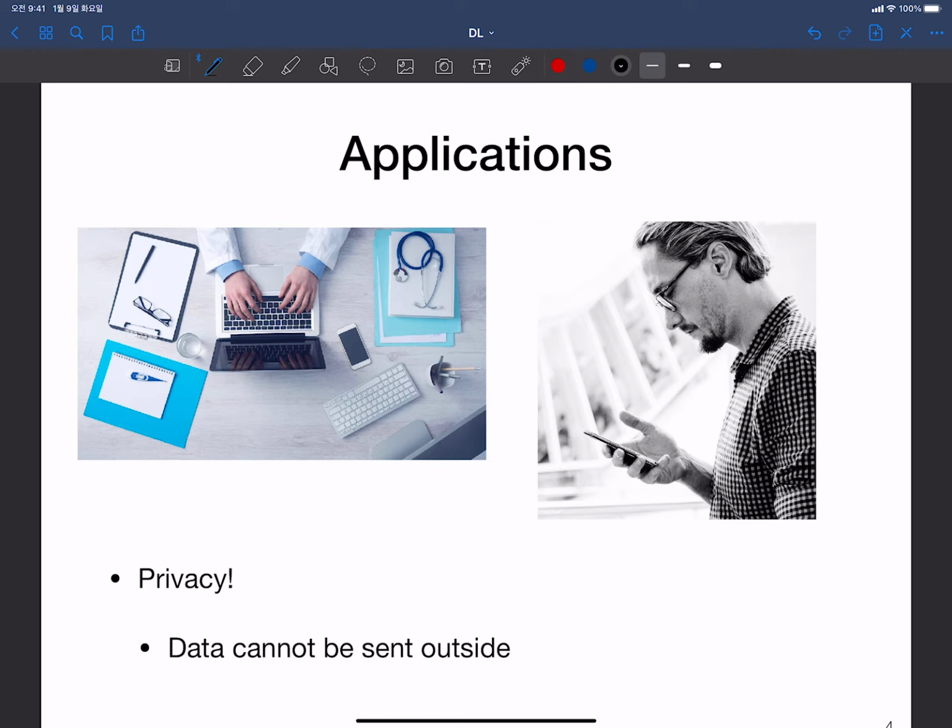Right. So in many scenarios, we have to train our neural network model or machine learning model in a distributed manner, because data is located in many different devices. And we have to combine this information so that we can get more accurate service.